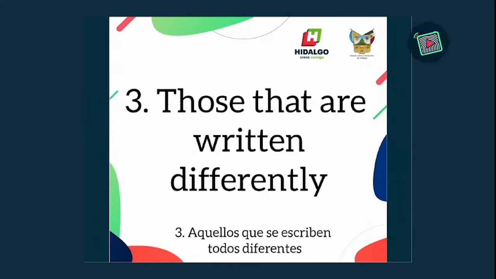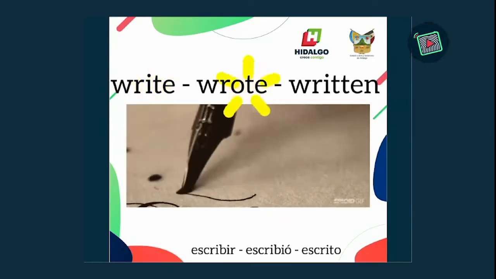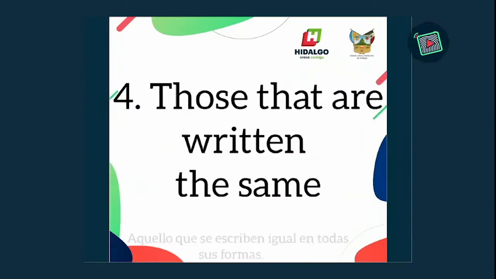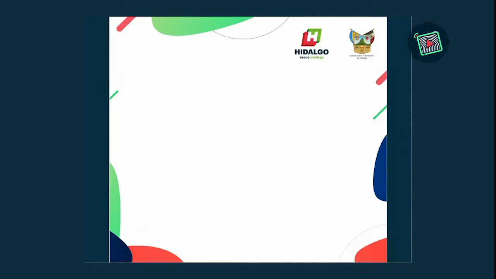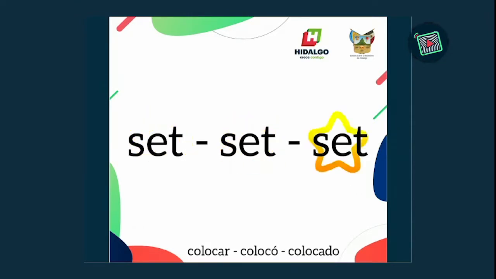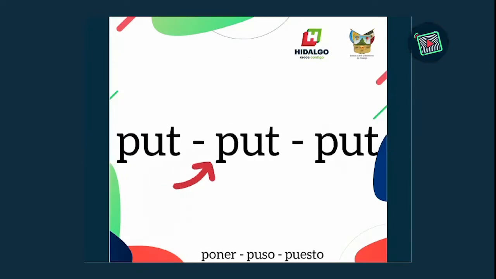Number 3, those that are written differently, like write, wrote, written. And number 4, those that are written the same, like set, set, set; cut, cut, cut; put, put, put.